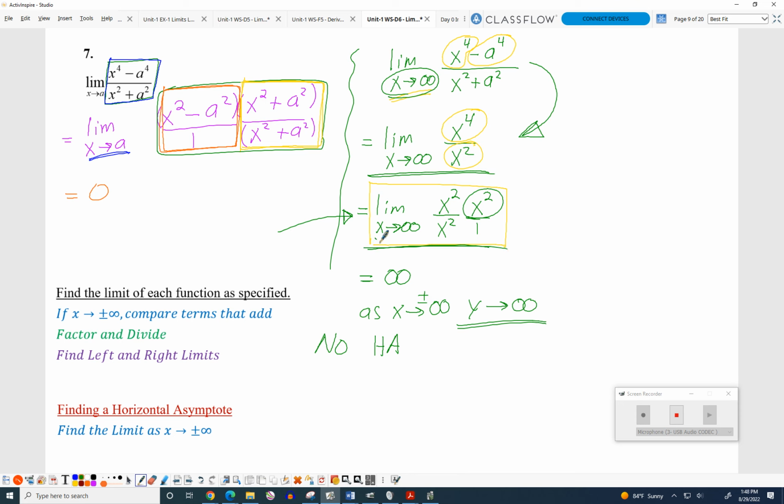So if x is very, very negative, this is still going to equal 1. But a negative squared is going to be a positive. That's why it doesn't matter if x is going to positive infinity or negative. Either way, the y-coordinate's going to grow. I don't know what the graph looks like, but I know on this end I'm growing, and I know on this end I'm growing. I don't know what's happening in between.